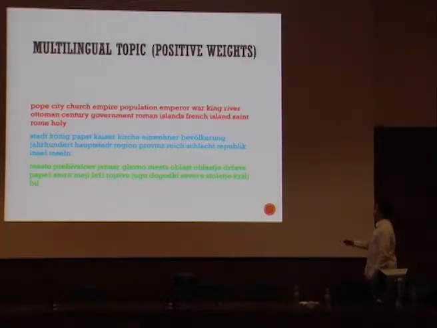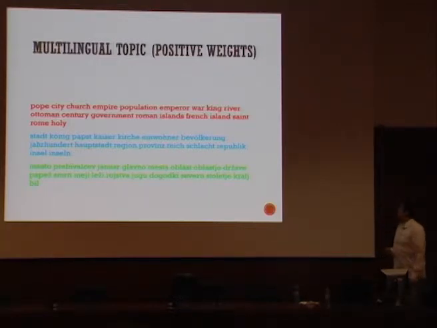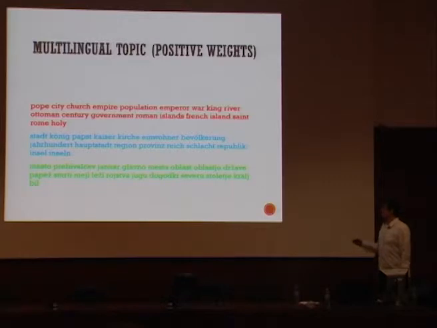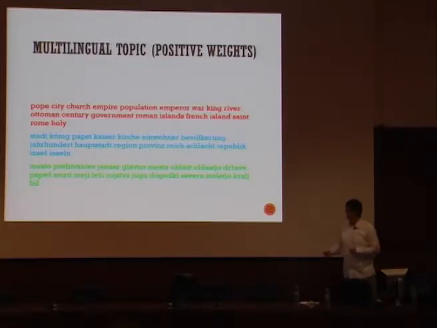So here would be one topic in English, you could say that it was about church. We have one in English, one in German, and one in Slovenian. But at the end, this is just to show that something right is happening, because you must be careful, because these weights are not necessarily positive, but can also be negative. So that's why you have to be careful.